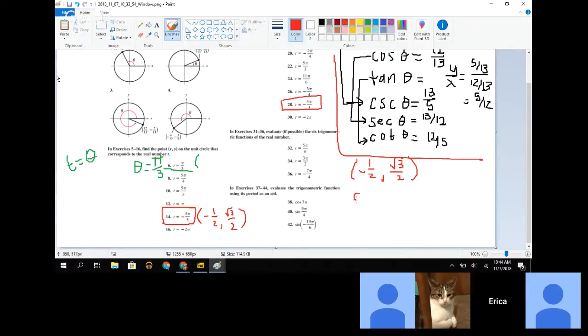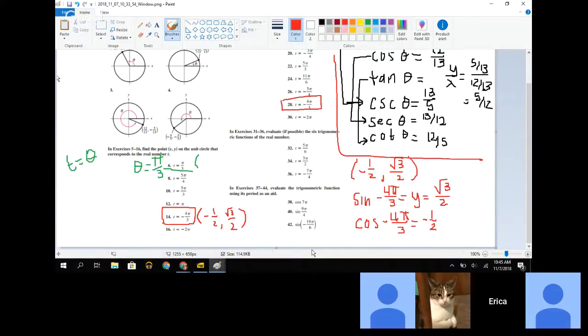So the sine of negative 4 pi over 3, remember the sine equals your y coordinate, so it equals square root of 3 over 2. And the cosine of negative 4 pi over 3 equals my x coordinate, which is negative 1/2.